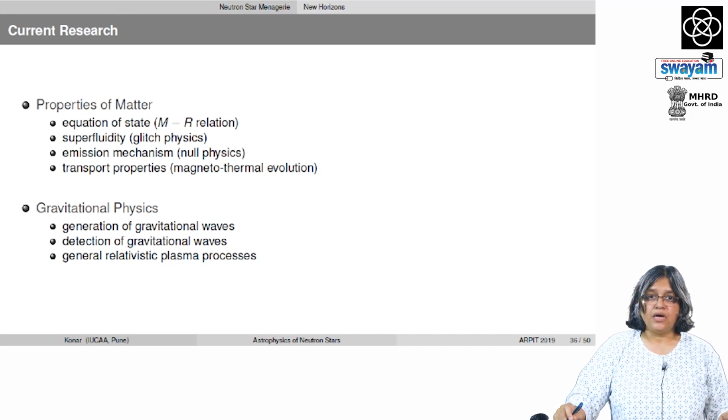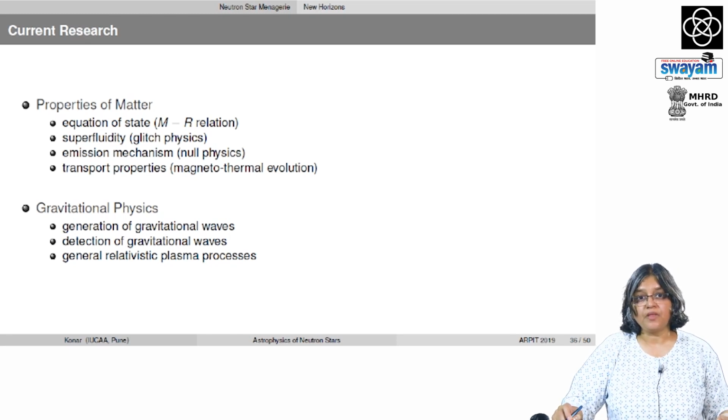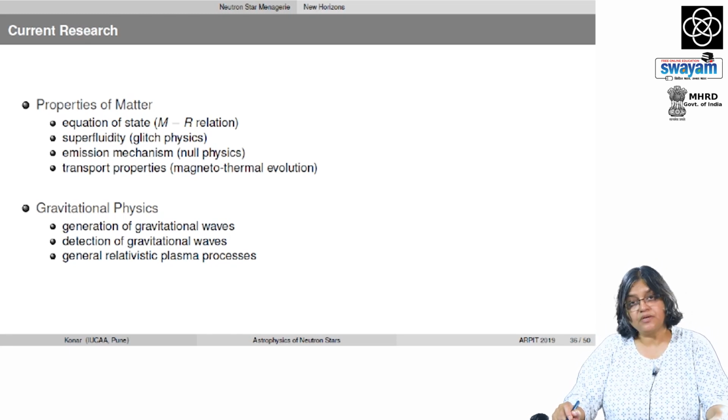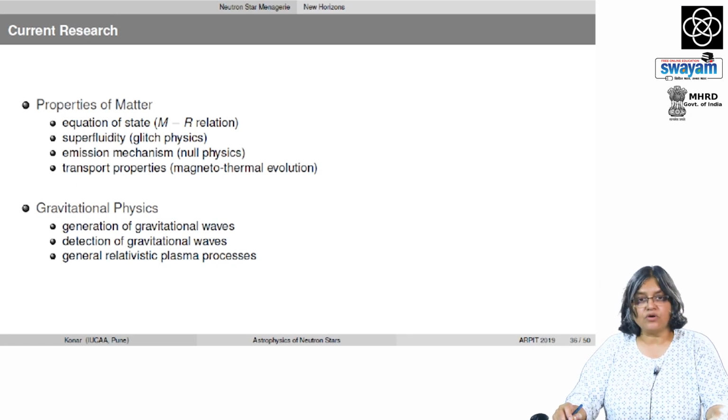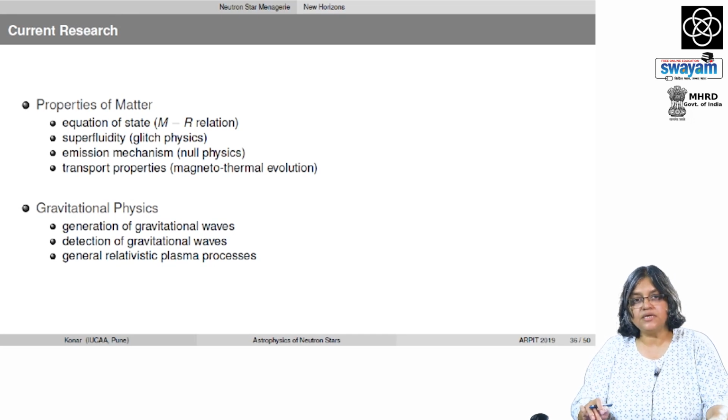So, they generate gravitational waves and can also detect gravitational waves through pulsar timing arrays, as we have discussed before. And there are plasma processes happening in the magnetosphere of a neutron star, and general relativity can be important there. So, there is a huge amount of gravitational physics related to neutron stars, and this is one major area of recent research that people are involved in.